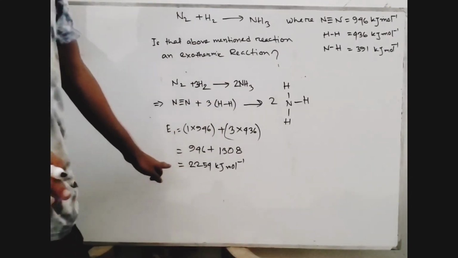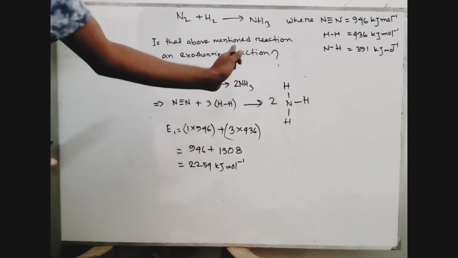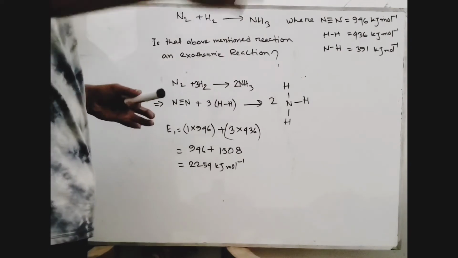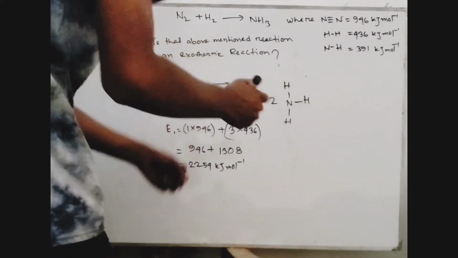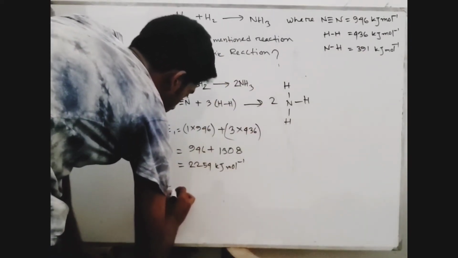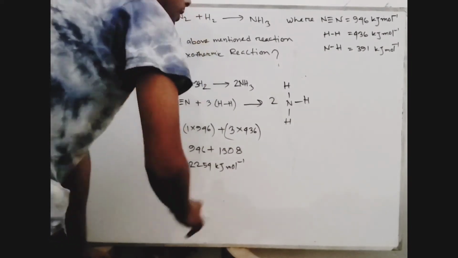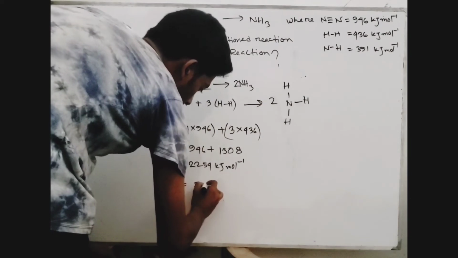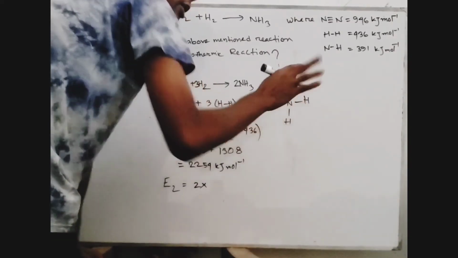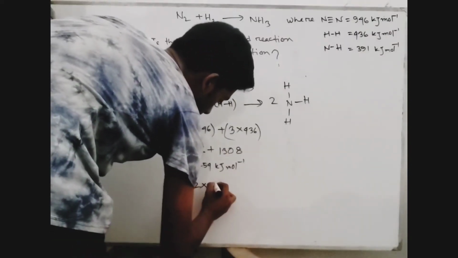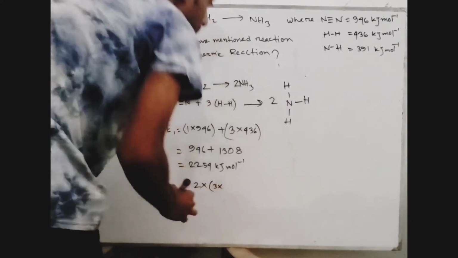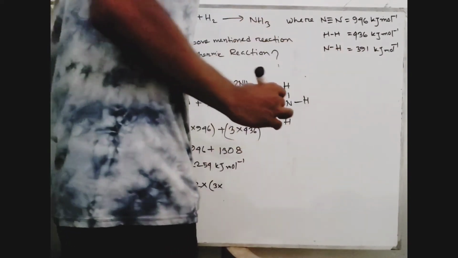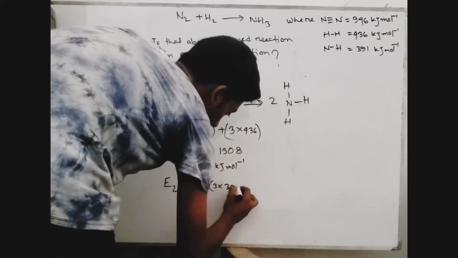This energy is needed for just breaking down this segment. And now, how much energy is needed for building up the product? We'll have to determine it. E2 equal to, here you are noticing the mole number is 2 and there are 3 nitrogen-hydrogen bonds, so we can write 3 into the nitrogen-hydrogen bond value, which is 391.